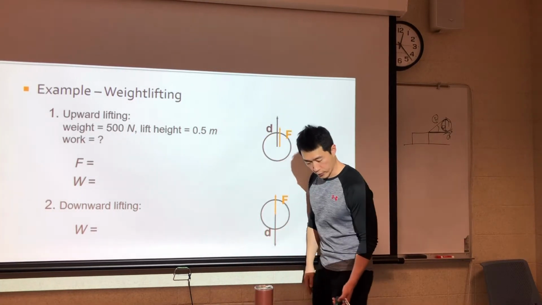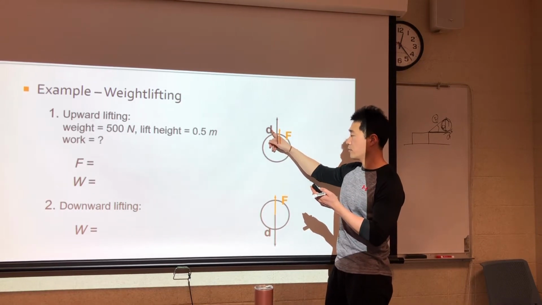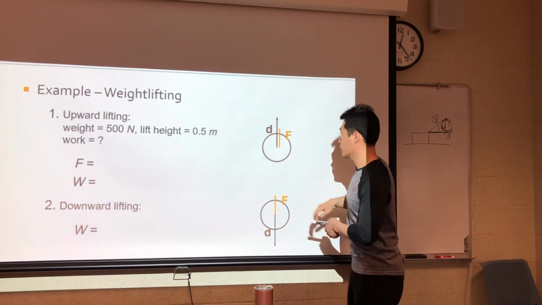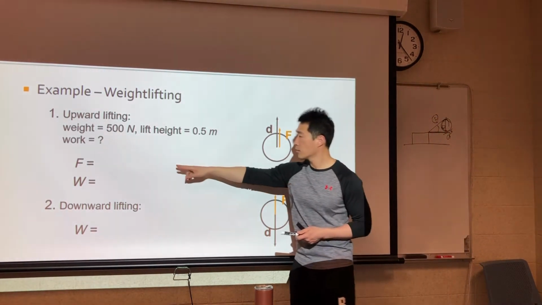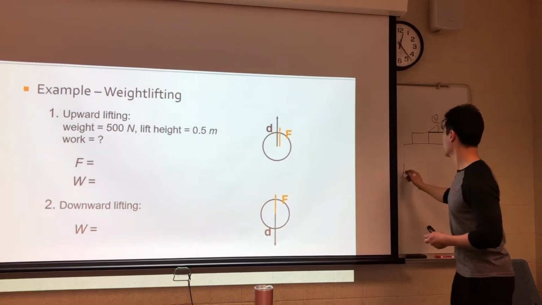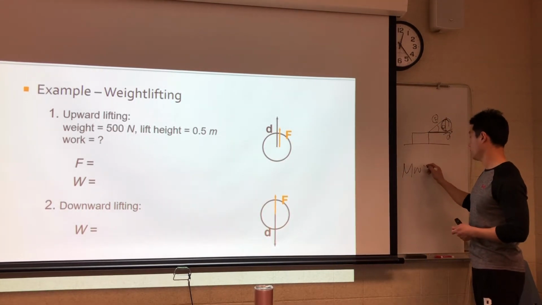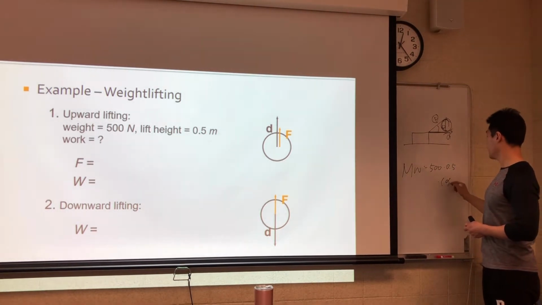Upward, this motion, force is acting upward and displacement is also acting upward. So the force will be 5 Newton, and work will be force times displacement, 0.5, and cosine theta.